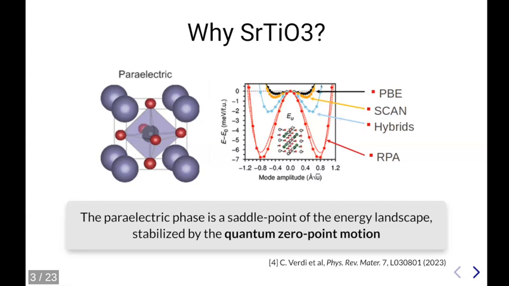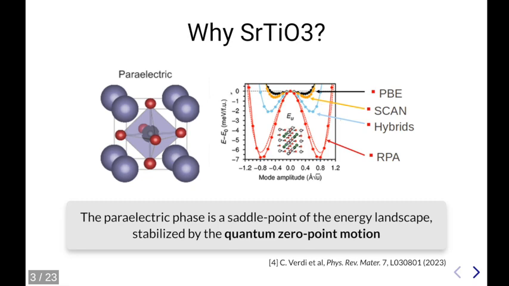is that quantum fluctuations of nuclei, even at very low temperature, are enough, even in the hardest case, which is the RPA functional, to give enough energy to the ions to overcome the barrier and then create a quantum ground state that is actually paraelectric.